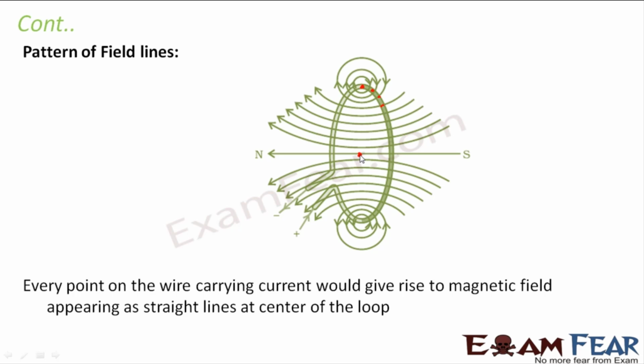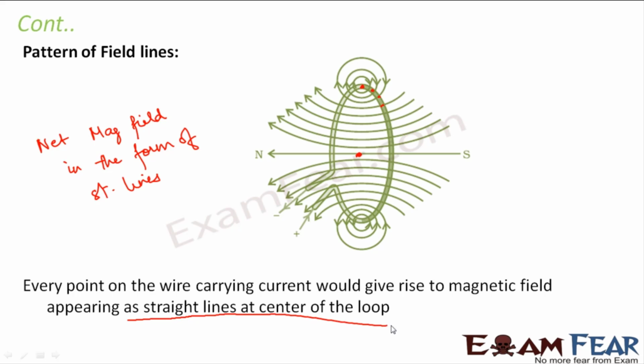So the net result is that there would be a net magnetic field at the center, which would be perpendicular to the plane of the wire. So this would give rise to magnetic field appearing as straight lines at the center of the loop. So that would be the pattern of the magnetic field.